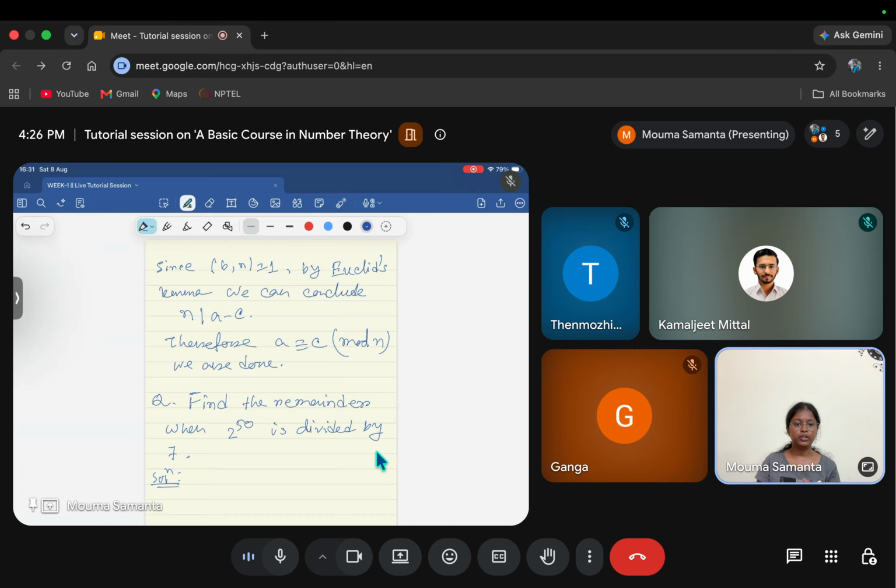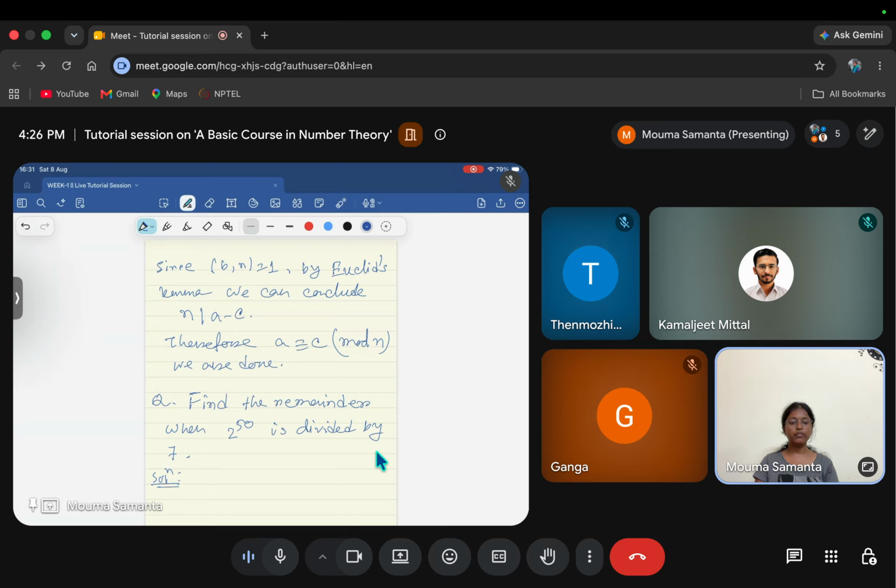Then you have to use the theory of congruence to find those answers. So here, divide 2 power 50 by 7 and tell me the remainder.